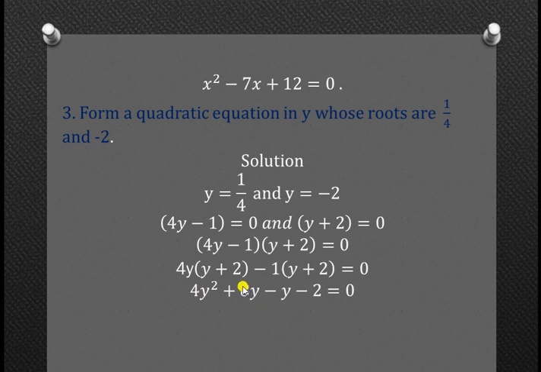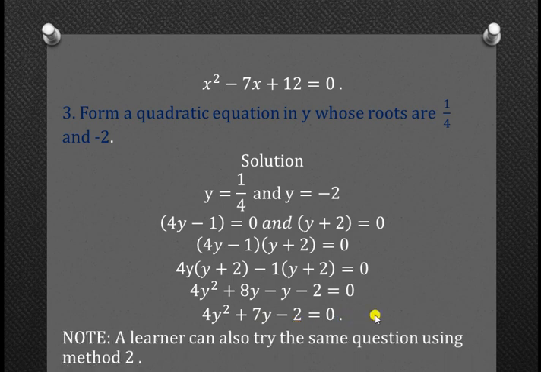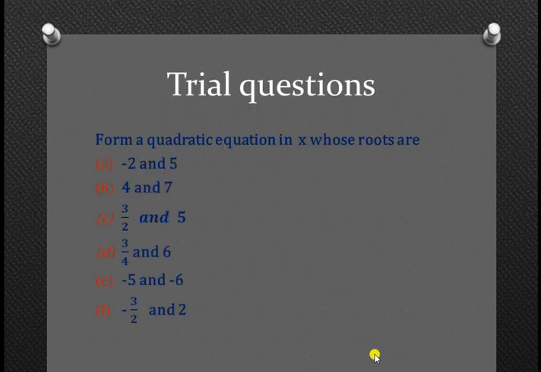Then we simply add, we get 8y minus y, and that will give us 7y as you see it here. So our quadratic equation will be 4y squared plus 7y minus 2 equals 0. Now, learners are very free to try the same question using method 2 and check out whether you still get the same answer with the one I've gotten.